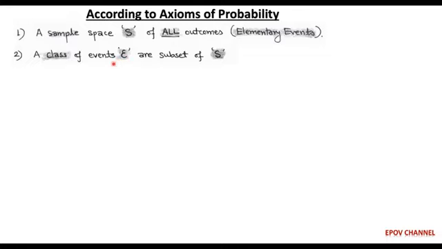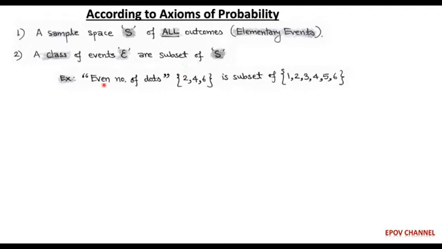So the class of all the elementary events are the subsets of the sample space capital S, which includes all the possible outcomes, that is 1, 2, 3, 4, 5 and 6. Now, when we say a class of even number of dots, then we have only 2, 4 and 6 sample points, which are even numbers of dots.